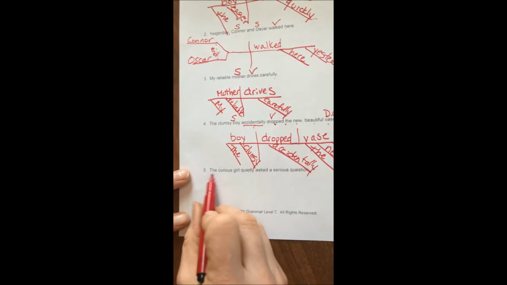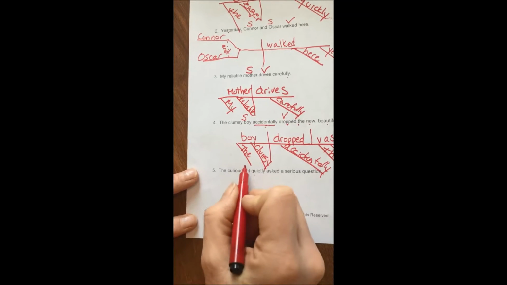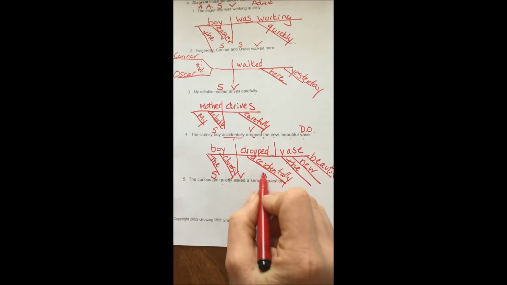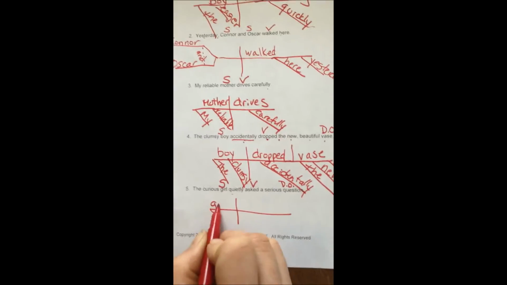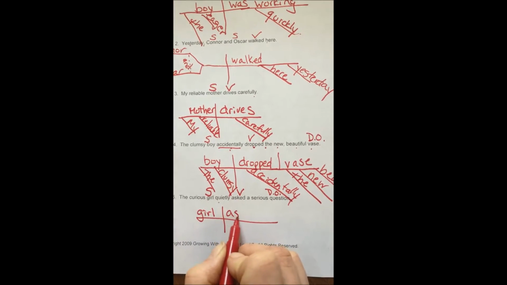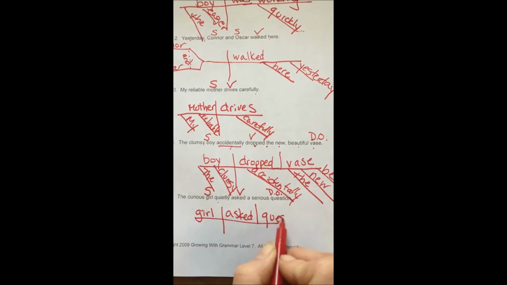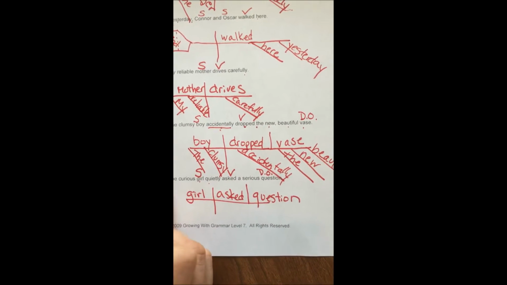Number 5, the curious girl quietly asked a serious question. So I know my subject is girl. The verb is asked. And she asked what? She asked direct object question. So girl asked, our line for direct object, straight up, question. Okay, so which words modify girl?